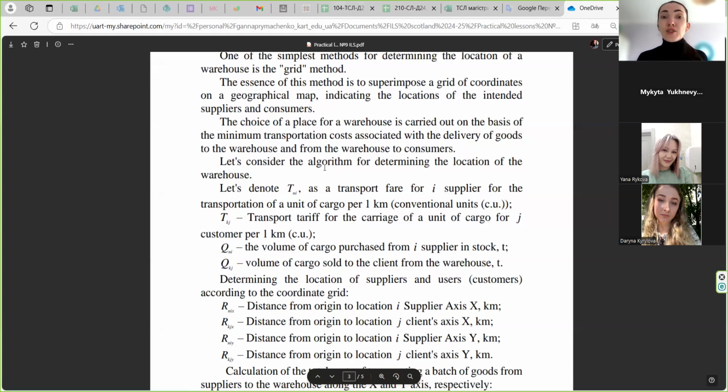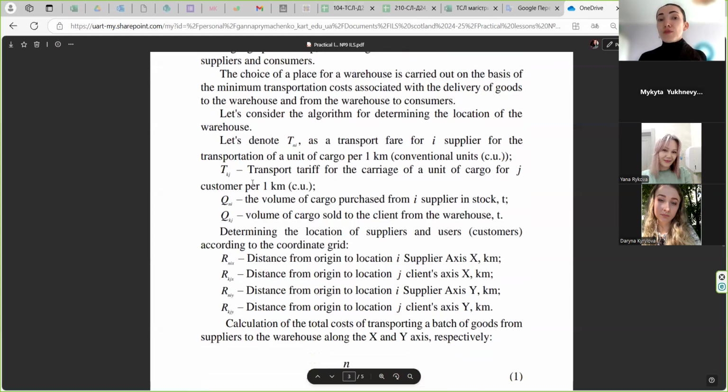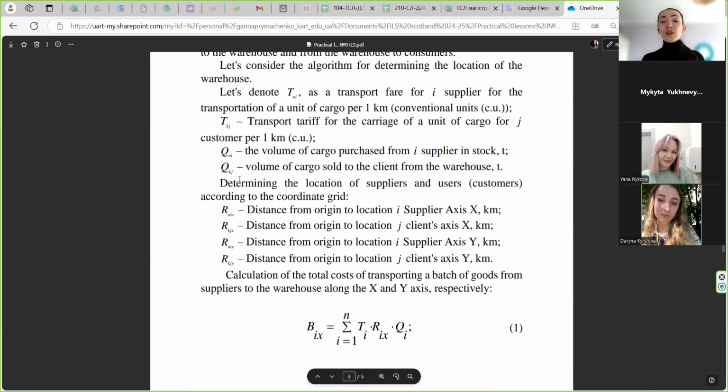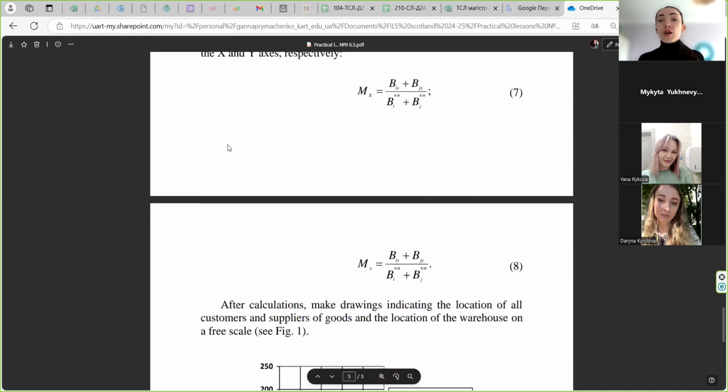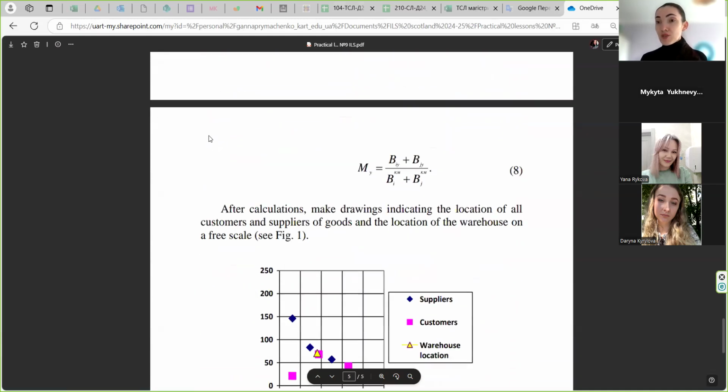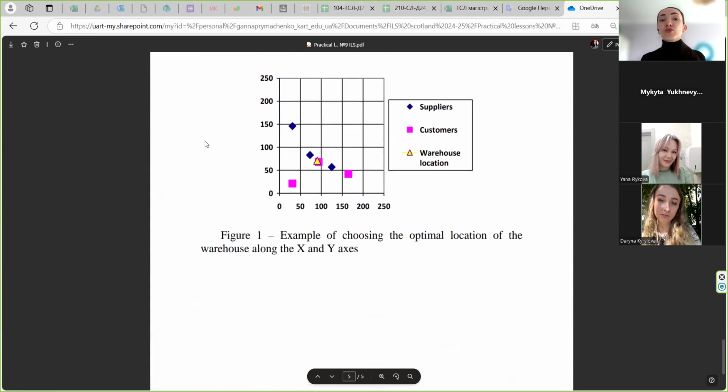So, let's consider the algorithm for determining the location of the warehouse. We need to use all these parameters which we have in table 1 and table 2, by your variant, and do these calculations today. We use formulas today, and we have such a surface, it is one figure today.